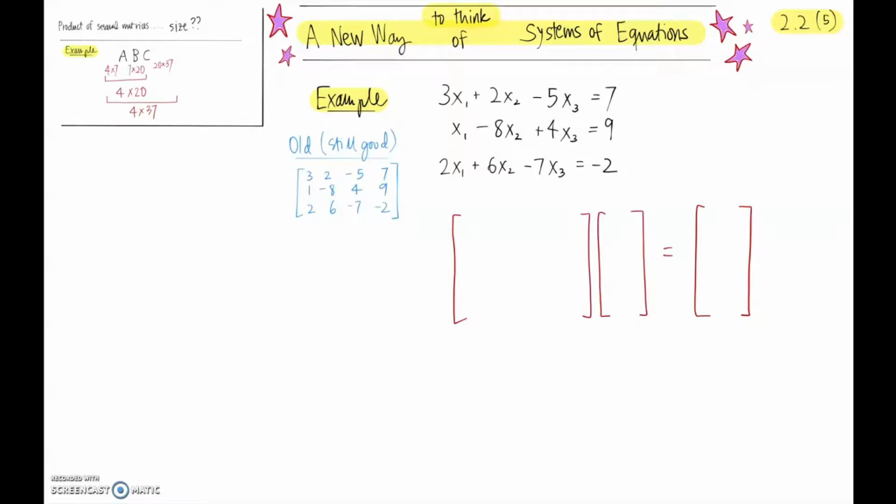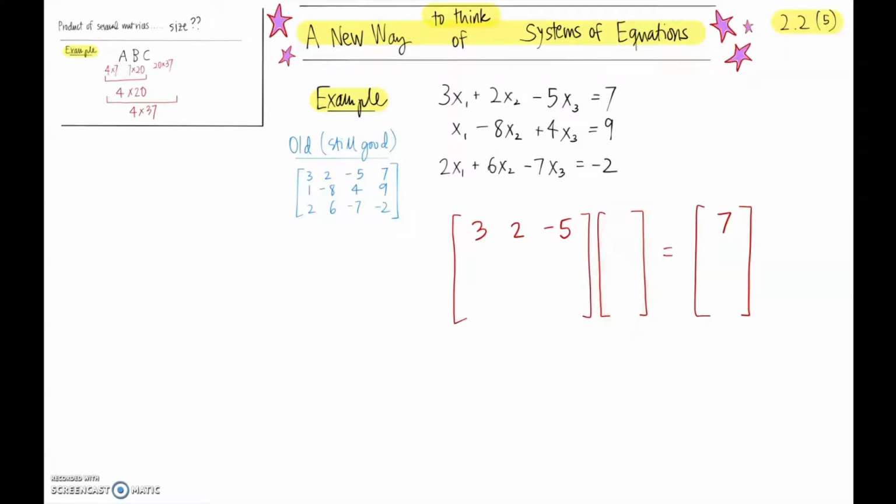So now instead of using just one matrix, I'm going to use these three matrices, and I'm going to put some numbers in, and then I want you to think about what else should go in there. If I put 3, 2, -5 in right here, and if I put the 7 over here, what do you think should go in here from what we know about matrix multiplication?